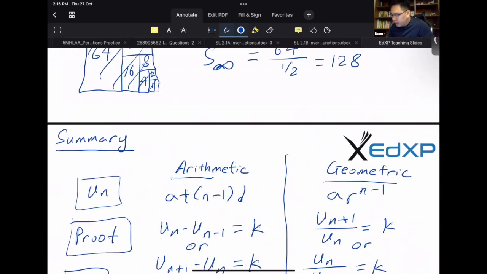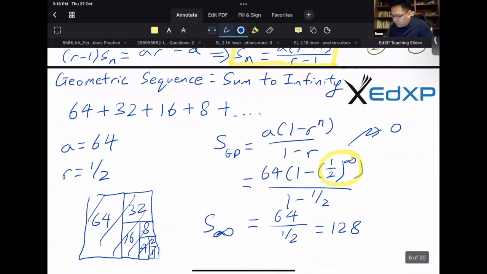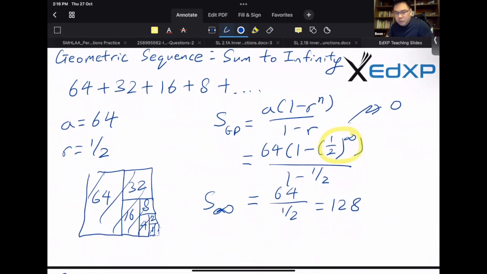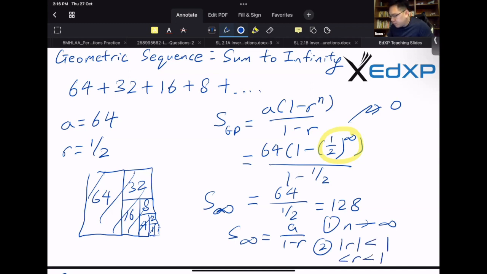What is important is that to apply this formula, a over 1 minus r, firstly, n must go to infinity. So it's a sum to infinity. Number two, if you think about it, the common ratio must be between 1 and minus 1.